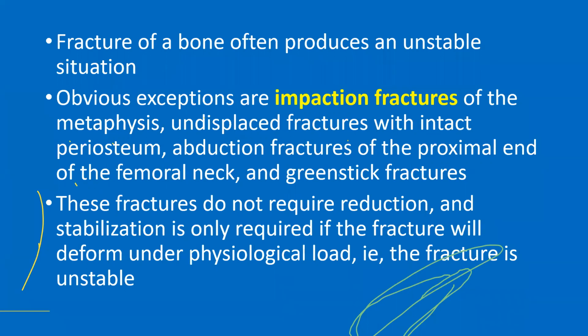Obvious exceptions are impaction fractures of the metaphysis, undisplaced fractures with intact periosteum, abduction fractures of the proximal femoral neck, and greenstick fractures. These fractures do not require reduction, and stabilization is only required if the fracture will deform under the physiologic load. Otherwise the fracture is considered unstable.